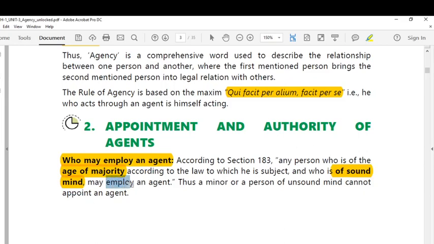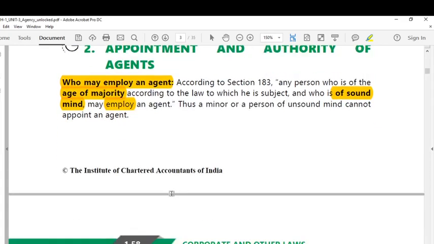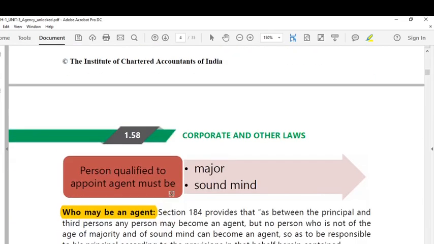So a person who satisfies these two conditions, the first condition of age of majority and the second condition of having a sound mind, can employ an agent. Thus a minor or an unsound mind person cannot appoint an agent. This is about the appointment of an agent and who can appoint an agent.